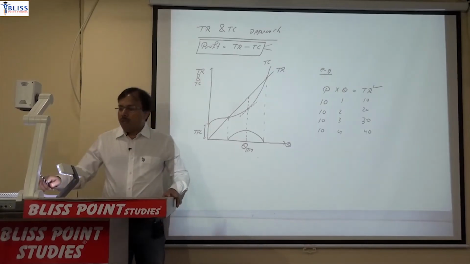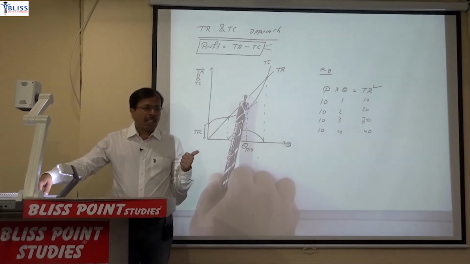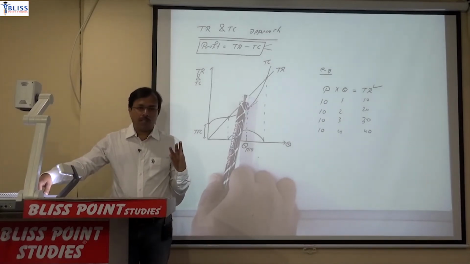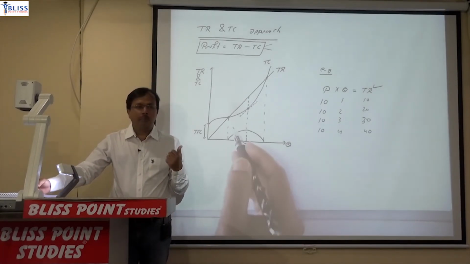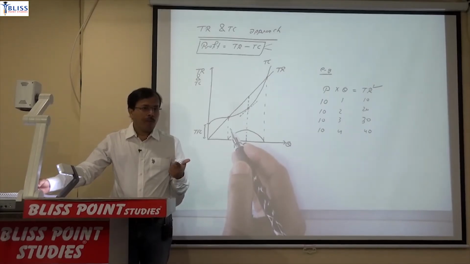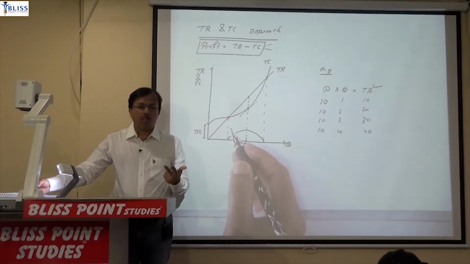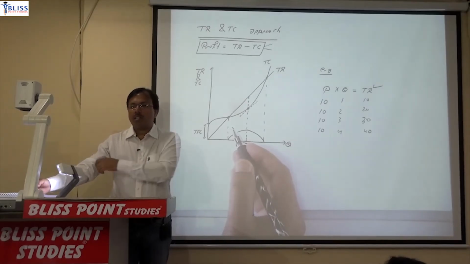Clear? But I said in that technical note there are three possibilities. The firm may have profit, may have normal profit, or there could be loss also. And within loss, two possibilities: the firm may continue, or the firm may shut down also.